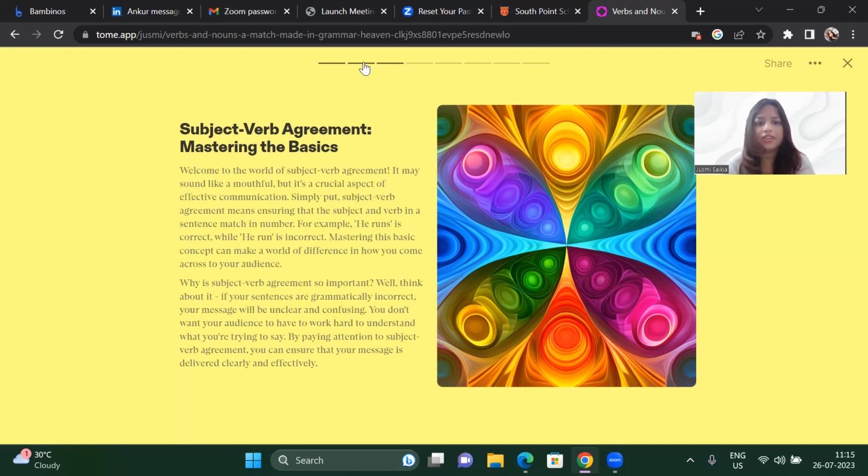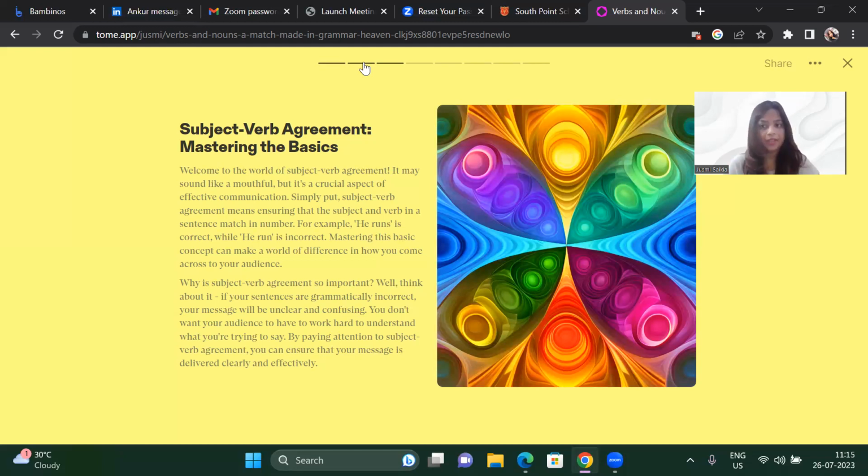So now it's very important to understand that in a sentence, the subject that does the action should always agree with the verb in number. That means in a sentence, if the subject is singular, the verb or the action word that you are using should also be singular. For example, he runs is correct, while he run is incorrect.